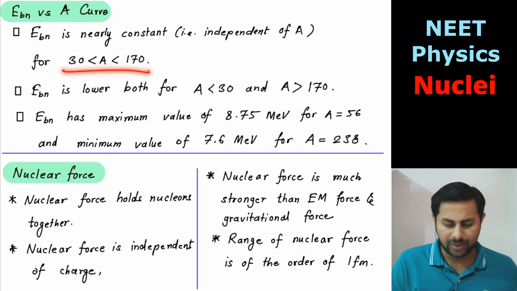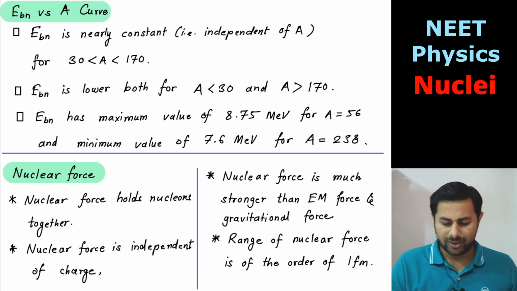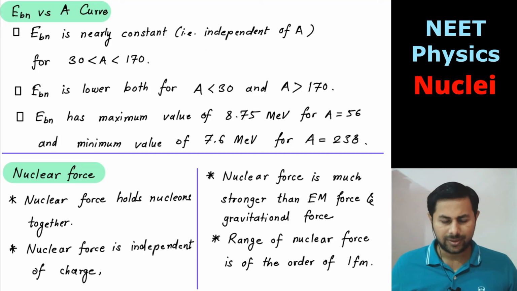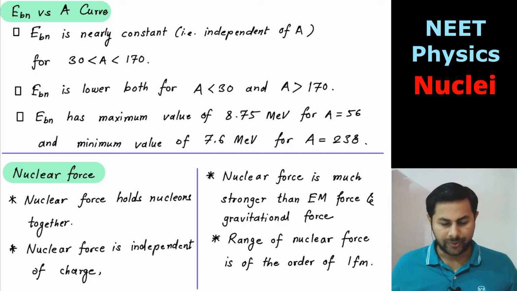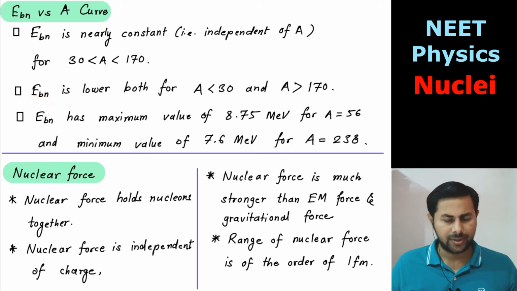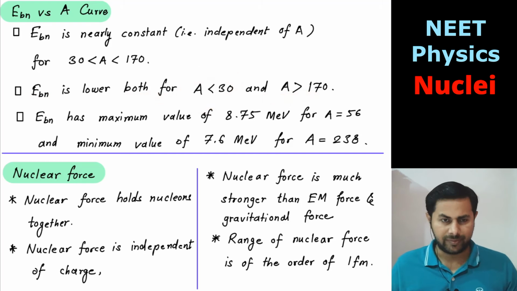So what does it mean? The most stable nuclei lie in between the mass number 30 and 170. So if mass number is between 30 and 170, you can say the nucleus is stable. Then the binding energy per nucleon is lower both for A less than 30 and A greater than 170.